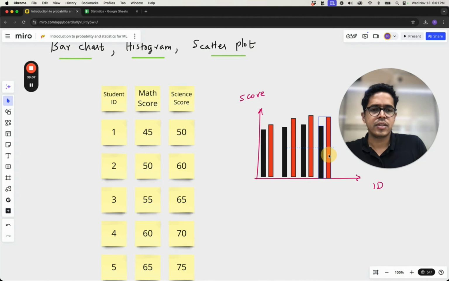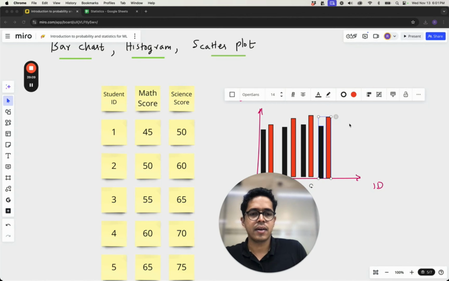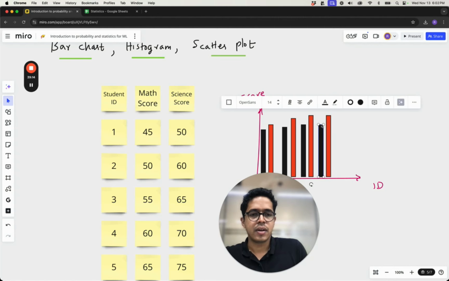Then 60, 70. So basically the exam scores are improving one exam after the other. So now it is 60.